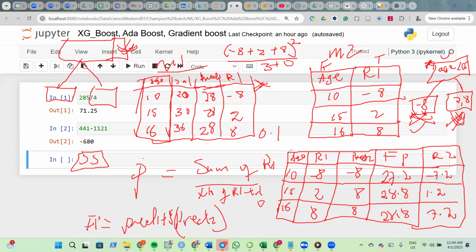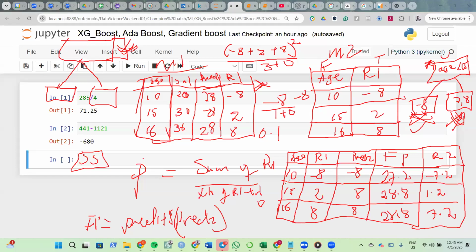Take the first one, where h is 10. Which branch do you go to? You come to this branch. What is the residual on this branch? -8. The sum of -8 is -8, divided by the number of residual, which is only 1, plus your value of gamma, which is 0. -8 divided by 1 is still -8. That is why it's -8, right?